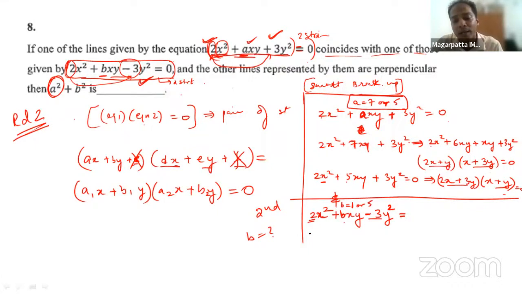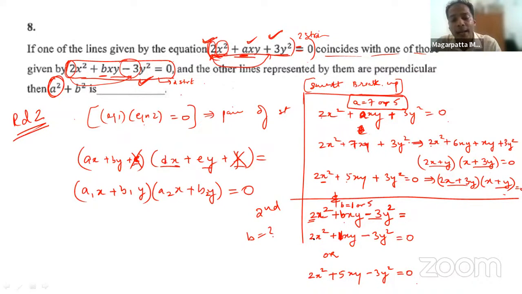If I take b to be 1, it could be 2x square plus bxy minus 3y square, or it could be 2x square plus, in place of b I'm taking 5xy minus 3y square equal to 0.